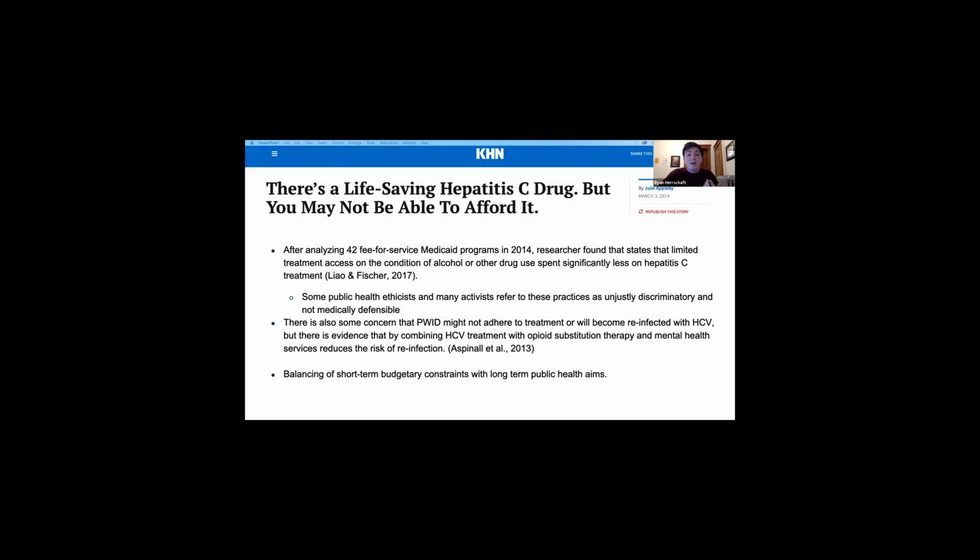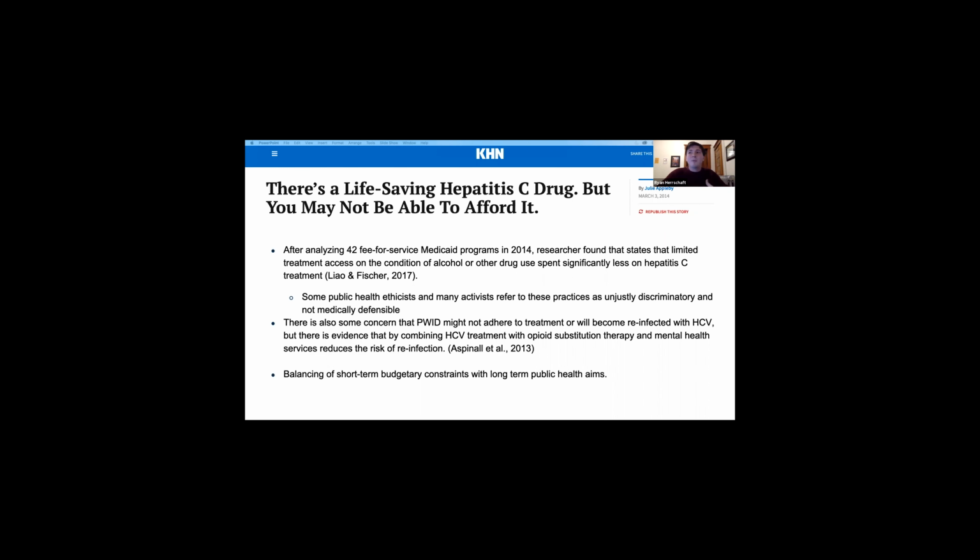And these researchers found that did decrease the amount of money that the Medicaid programs were spending on hepatitis C. But was that a discriminatory practice? Was that based in what was medically relevant or medically best? That's very debatable.